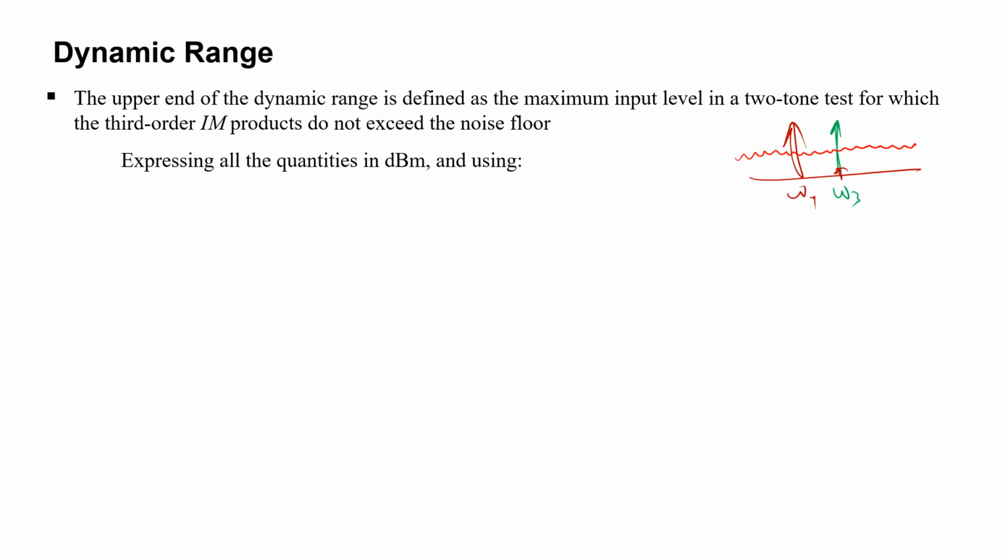So I will define my minimum and maximum based on this diagram here. My minimum range is exactly this, just above the noise floor, and the maximum range is very high power, but where the intermodulation product is just below the noise floor.